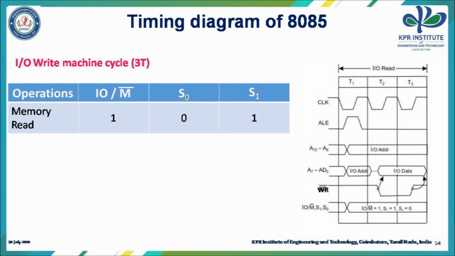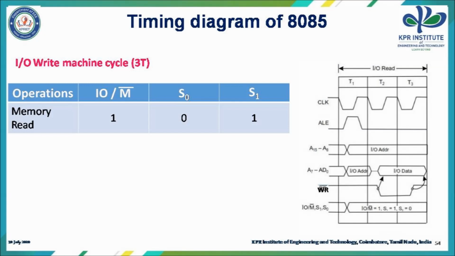The next machine cycle of 8085 processor is the IO write machine cycle, which also requires 3 T states. Since this is an IO related operation, IO/M bar is equal to 1, and since it is a write operation, S1 S0 is equal to 0 1. When you see the diagram, again ALE is made high to make AD0 to AD7 pins act as address pins, and it is made low during T2 and T3 so that AD0 to AD7 pins act as data pins.